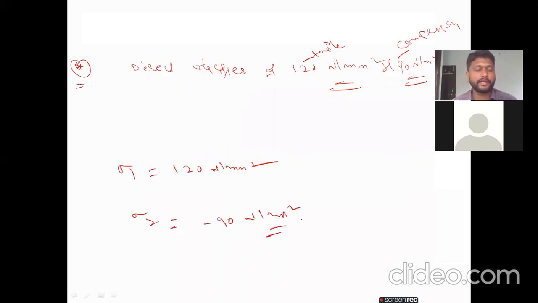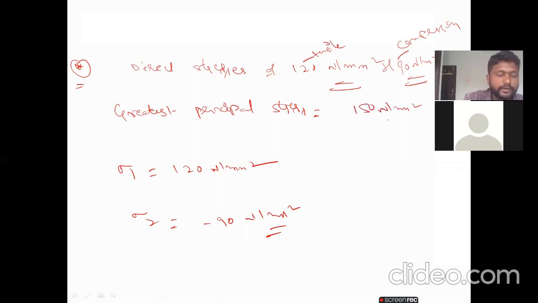They exist on perpendicular planes at a certain point in the body. They are also accompanied by a shear stress on the planes. The greatest principal stress at a point due to this is 150 Newton per mm square. That means we have to write greatest principal stress equal to 150 Newton per mm square.